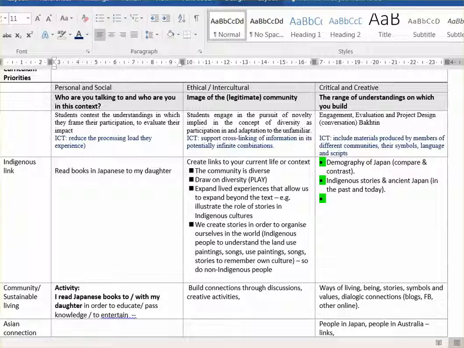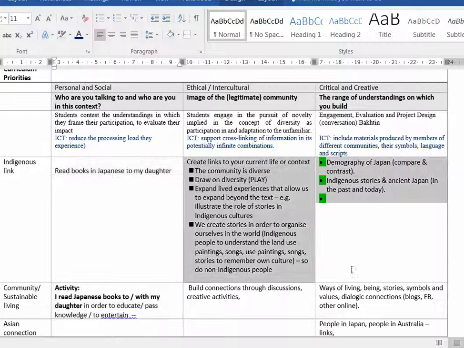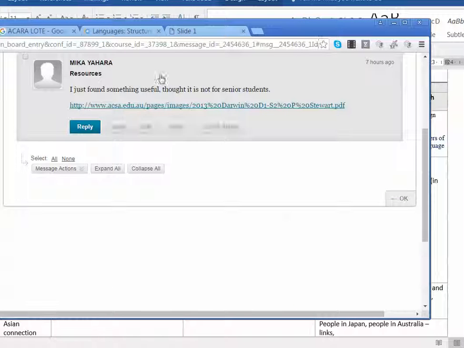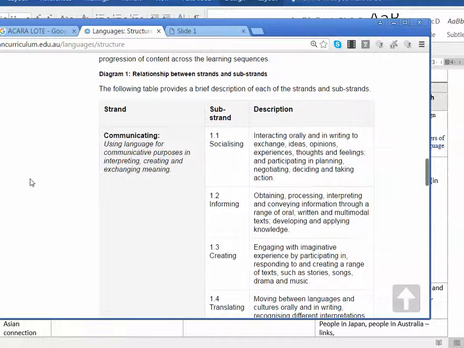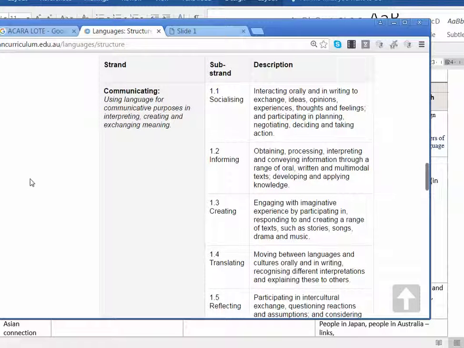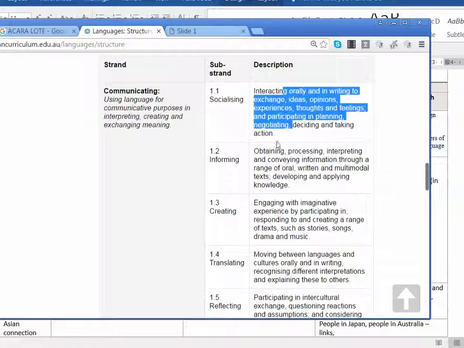And this is why I like our curriculum, because it gives us this freedom and gives us all these dimensions. Now, as you are filling up those bits here, do have a look at here, which is the structure of the LOTE curriculum, and just see, am I accounting for this?